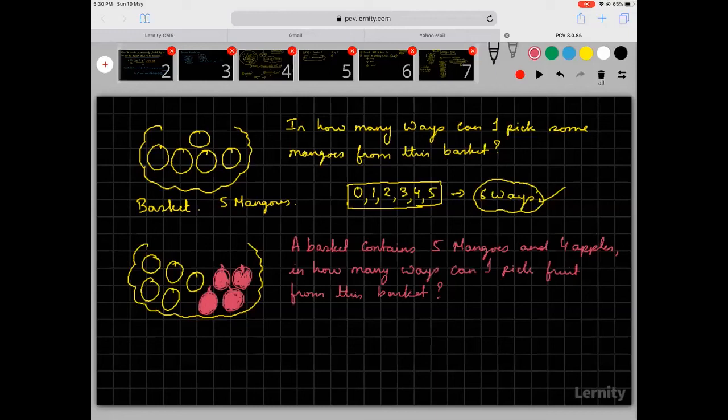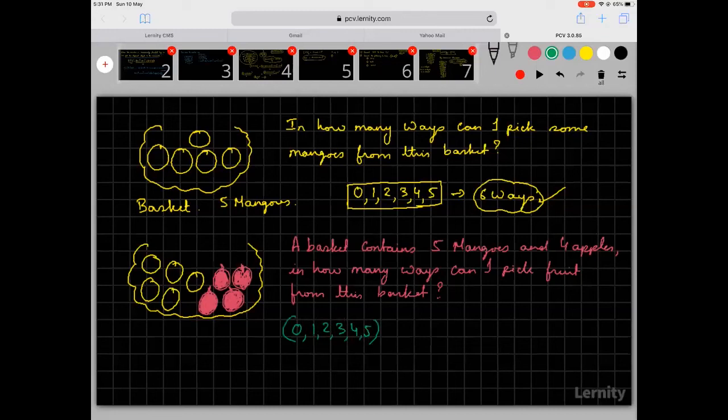See, earlier when there was one fruit, we found it was quite easy. Now, see, I may pick up 0 mangoes or 1 mango or 2 mangoes or 3 mangoes or 4 mangoes or 5 mangoes.